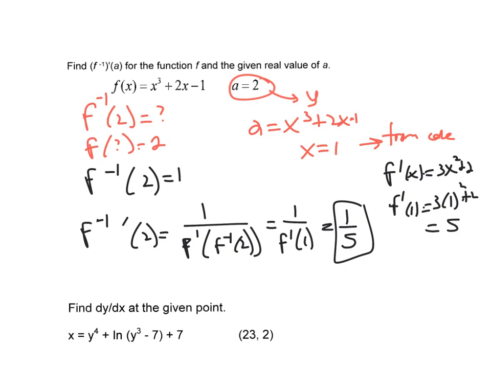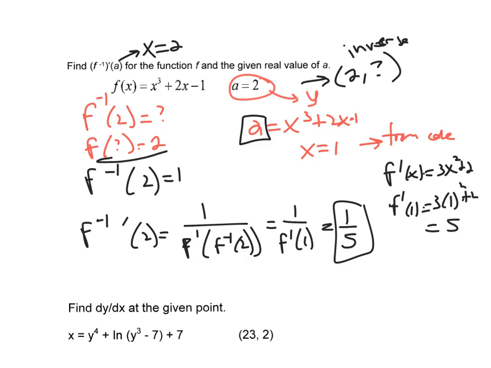Again, if you're confused by any of this, it's the fact that I want to find the inverse derivative at a. This is like saying x equals 2 for my inverse function, which means that it would be the y value for my original function, right? So notice that this would be like 2 comma what for my inverse, because they're looking for a in my inverse function, which means it's like what comma 2 for my original function.